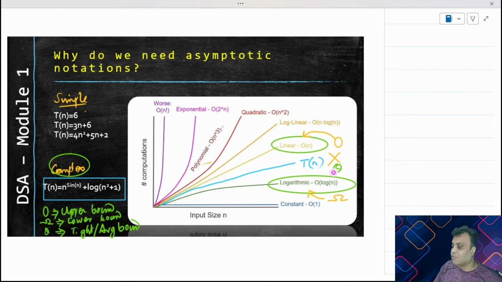And in case I can find out the average case of my algorithm, that will be represented as theta, which is also called the tight bound or the average bound of the algorithm. So that is the need for asymptotic notations.